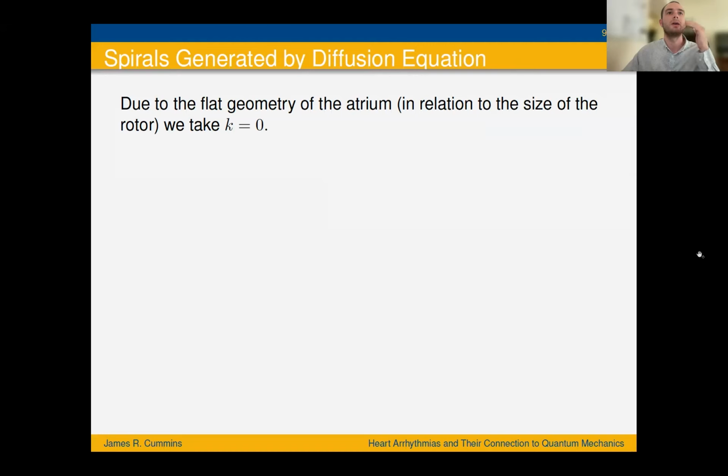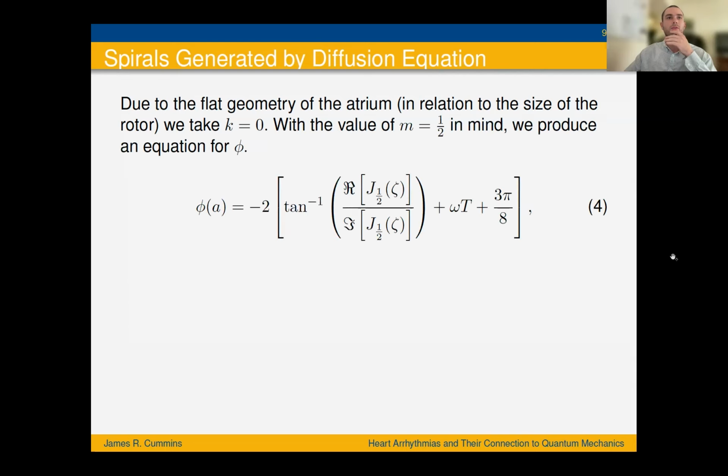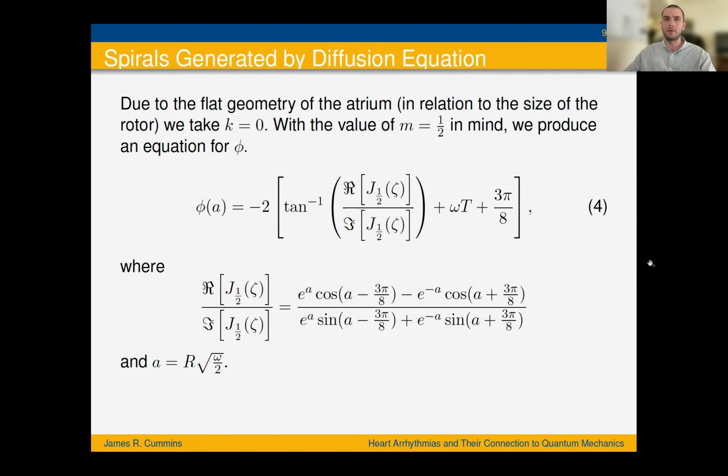And we assume further that because of the relation of the size of the spiral and the atrium that the spiral is traveling in, the geometry doesn't have any curvature in relation to the size of the spiral and the space it's traveling in. So we can assume it to be flat. And once we do that, we're able to derive an equation in terms of our radius of the spiral to actually plot it.